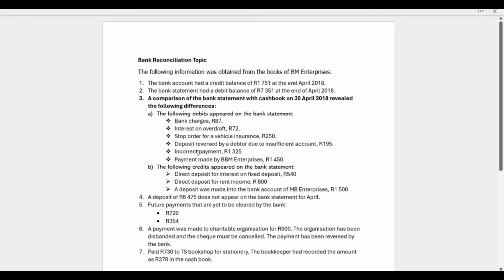The next transaction is, they say, incorrect payment. This one is going to be recorded in the bank reconciliation statement. Even the other one is going to be recorded in the bank reconciliation statement because the errors are for the bank. So the mistakes or the omissions are for the bank.